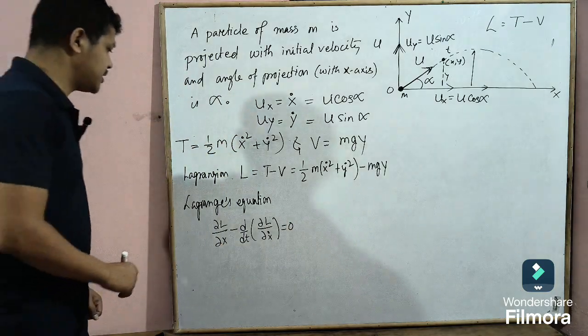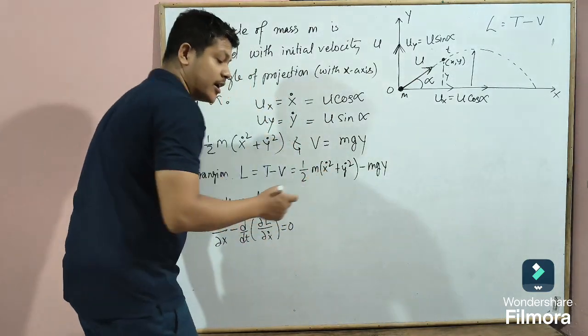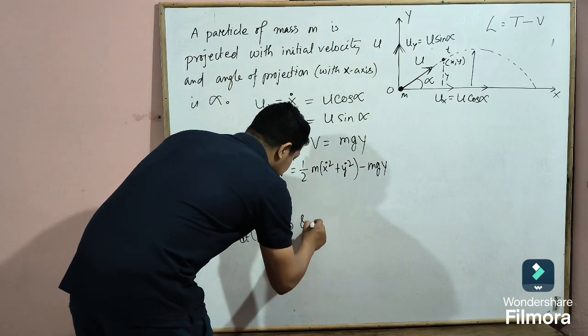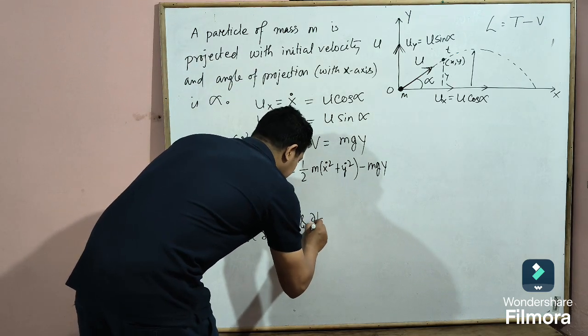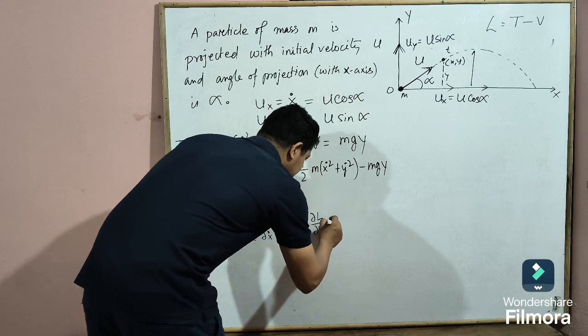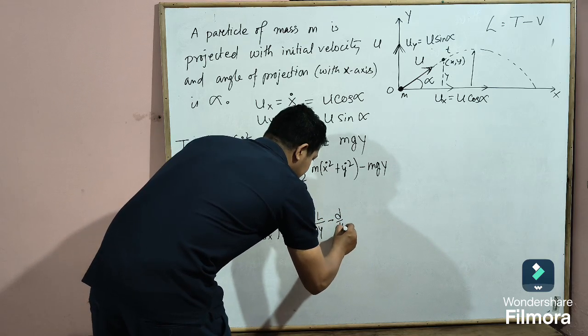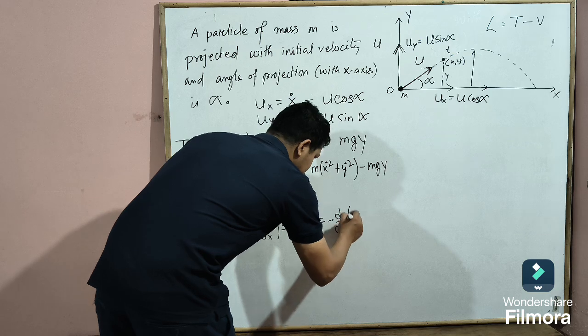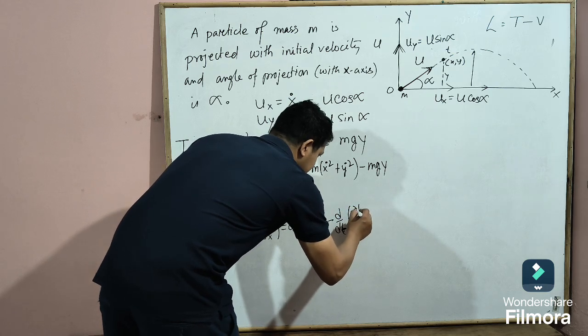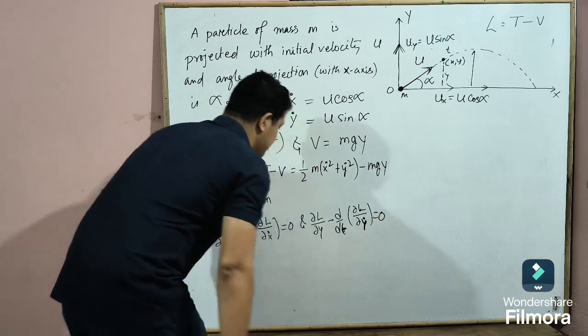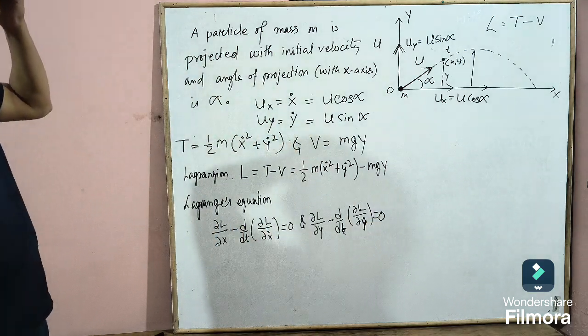And for the y component, del L by del y minus the time derivative of del L by del y dot is equal to 0. That's what we're going to have.